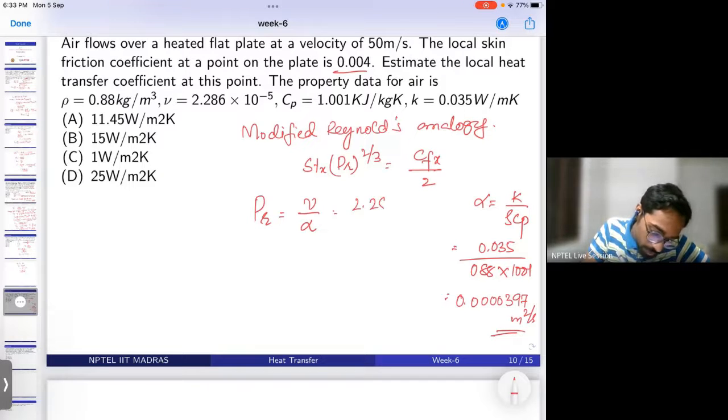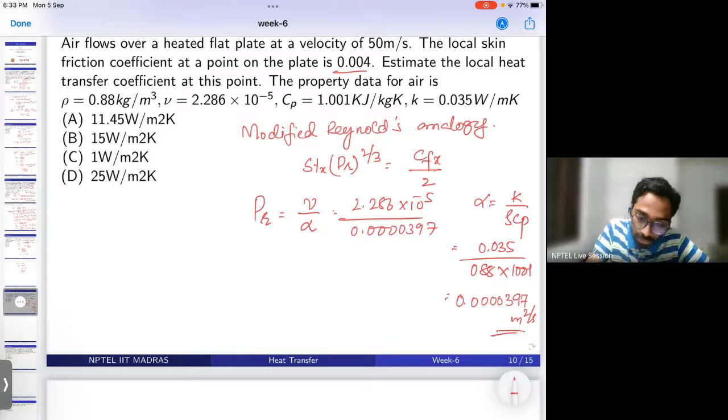So 2.86 into 10 raised to minus 5 divided by 0.00000397.